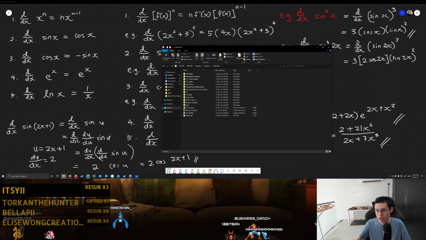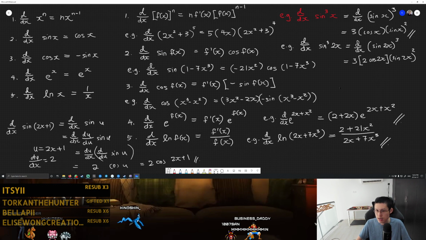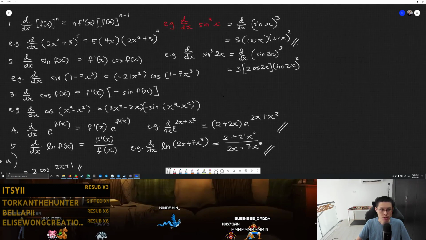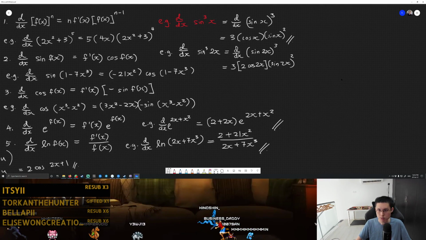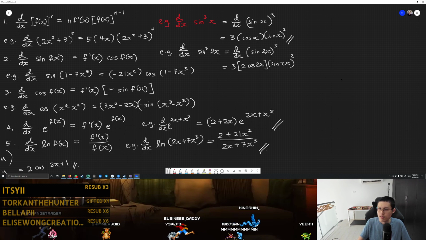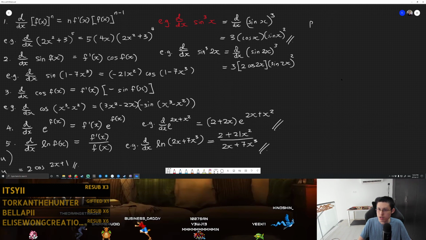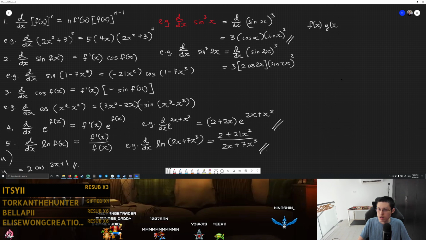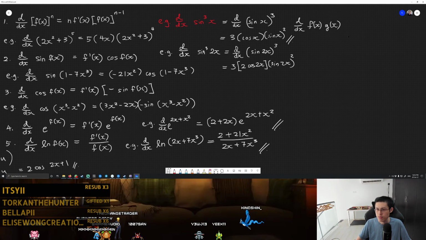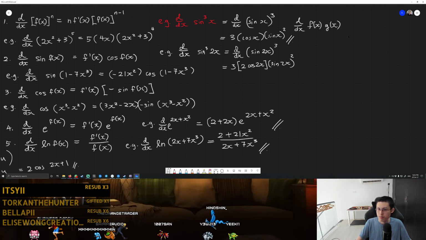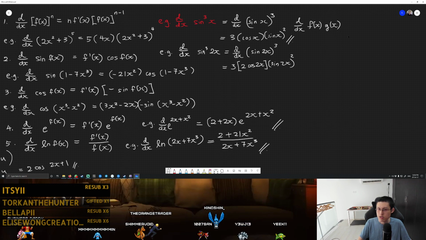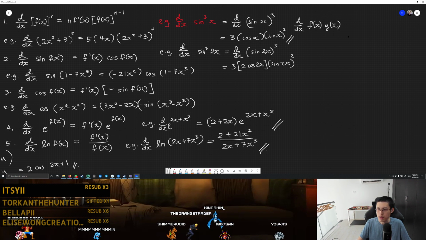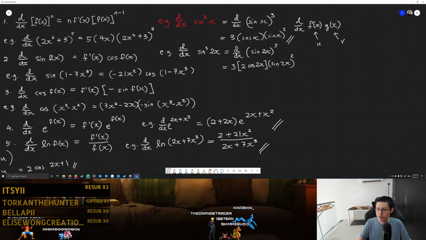Oh wait, actually before that, there's also 2 other things I have to mention. You also need to know how to do the quotient rule and the product rule. So suppose you have 2 functions, f(x) and g(x), and you want to differentiate this composite function right here. What do you do? Well, just to make things a bit simpler, I'm going to say f(x) is actually u, g(x) is actually v.